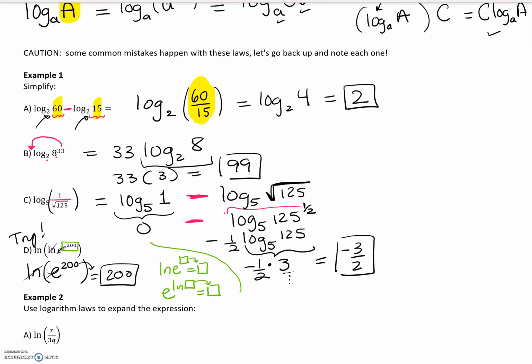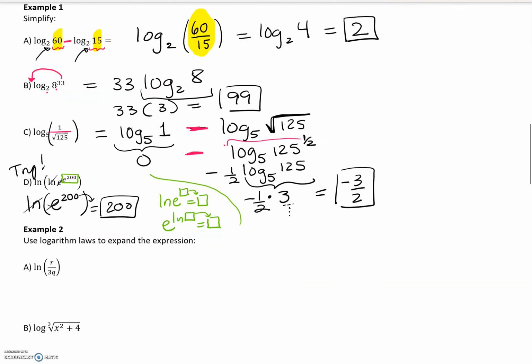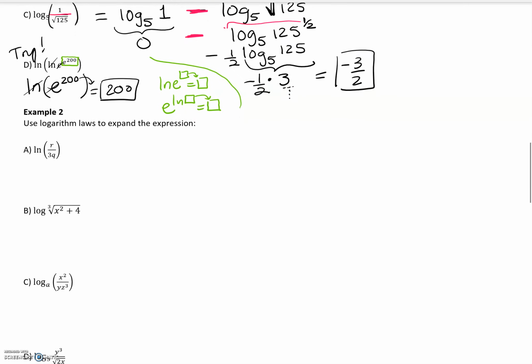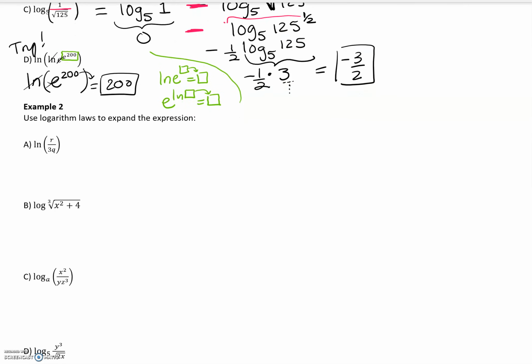All right, let's go look at example 2, which applies the properties more and gives us more practice. We're supposed to use the properties or the laws to expand the expression. So to begin with, I have ln of a quotient. And I want to give you some suggestions.